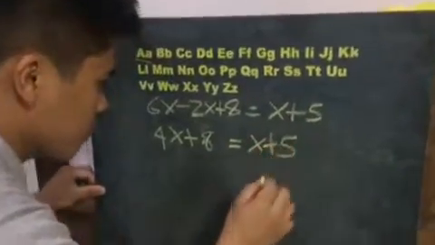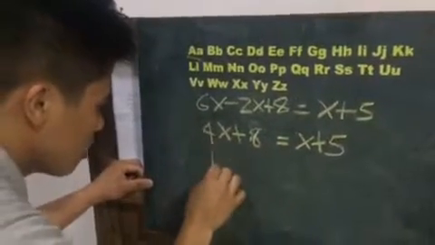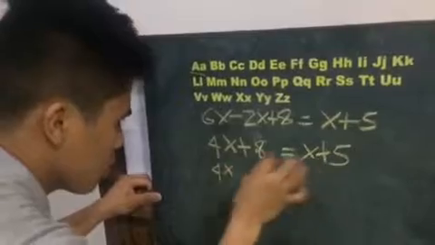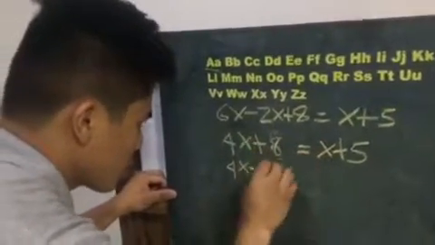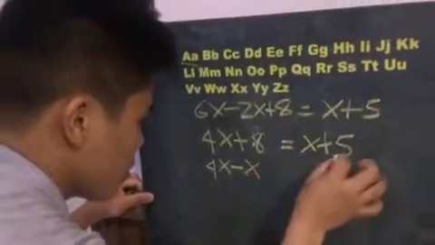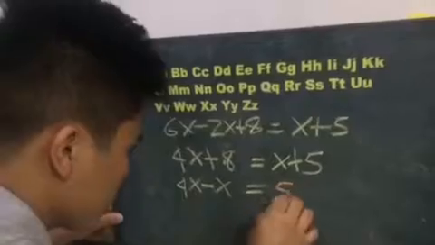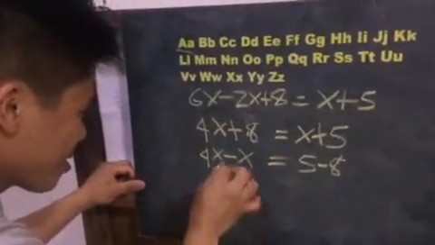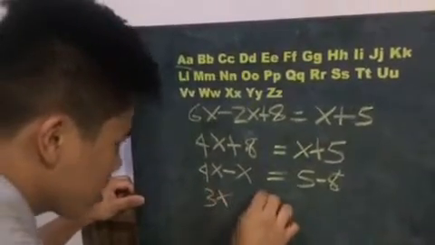Then, we apply the inverse property. Now, we have 4x minus x equals 5 minus 8. We combine like terms again.